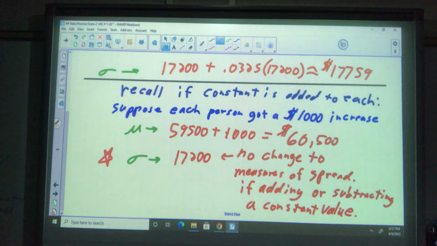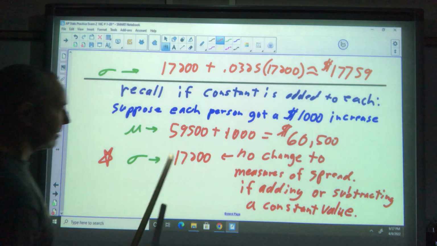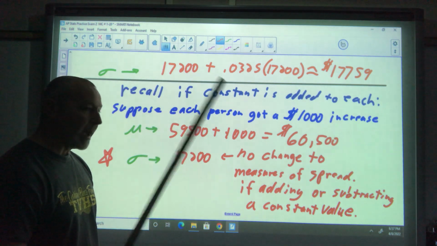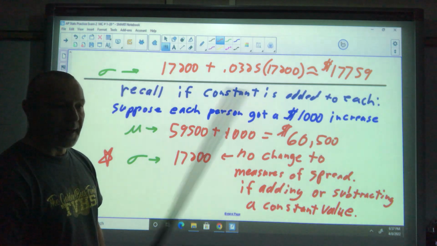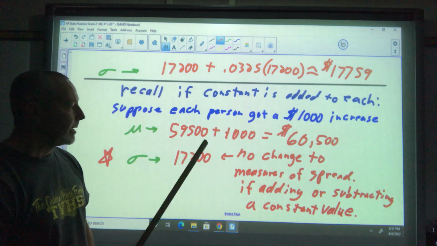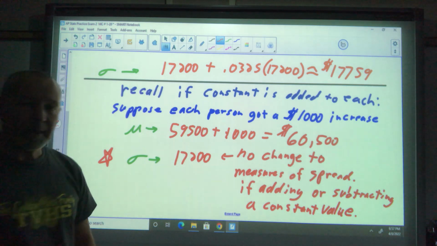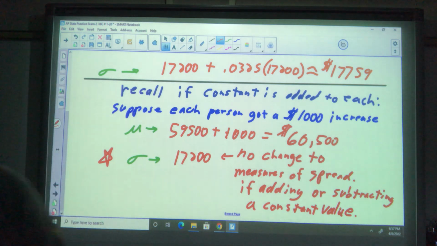And then my standard deviation, the lowest teacher would move up by 1,000, and the highest teacher, whatever they're at, they'd move up by 1,000. The spread of those salaries has not changed a bit, so the standard deviation would just remain at 17,200. So adding or subtracting a constant value does no change to any measurement of spread, but multiplying does. Okay? 21 through 30.